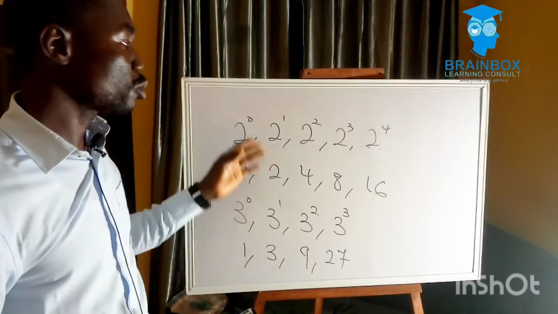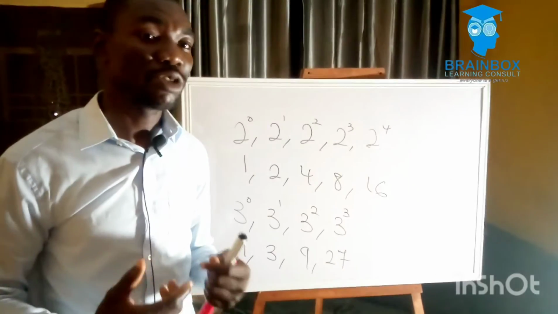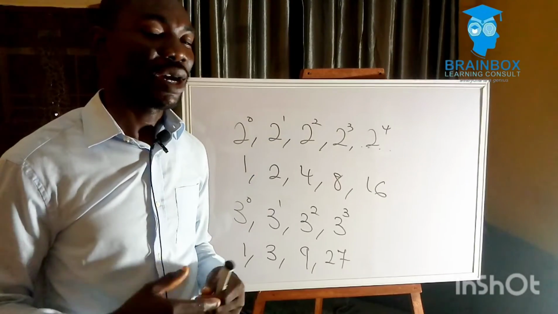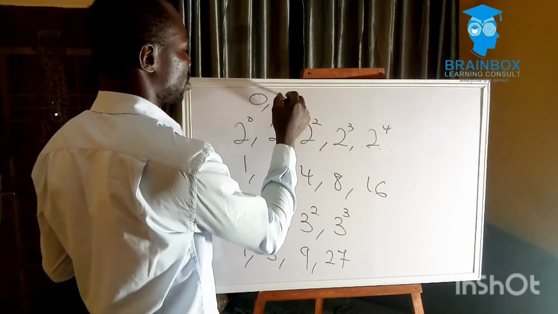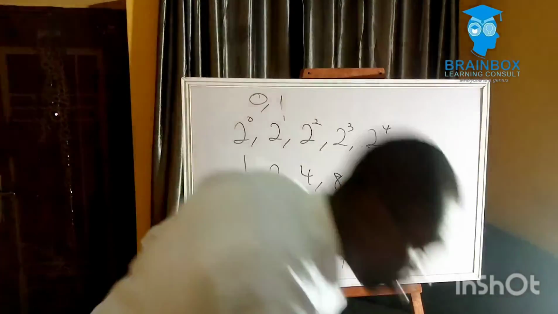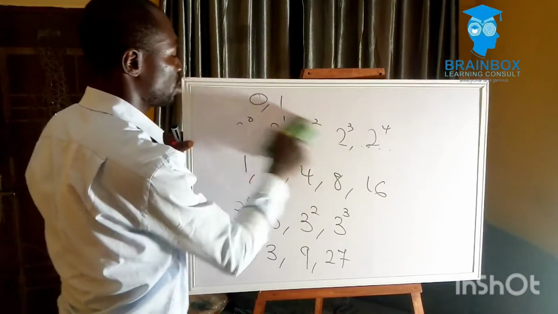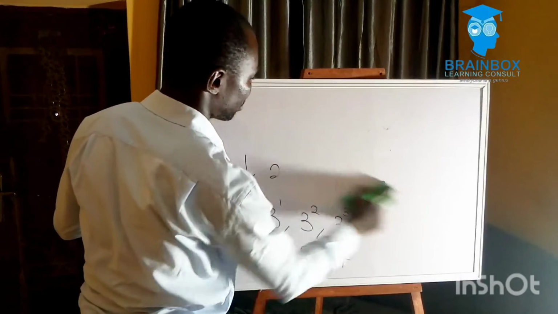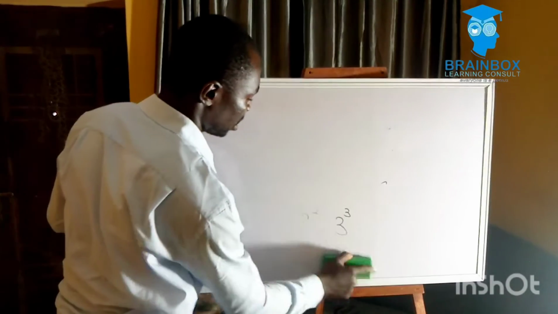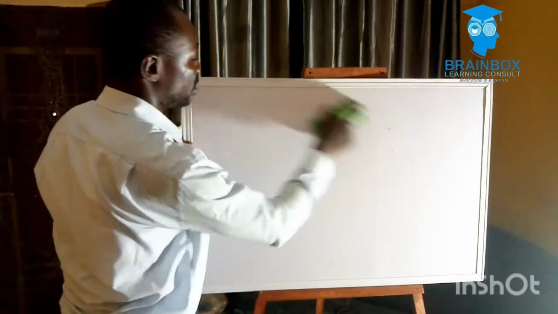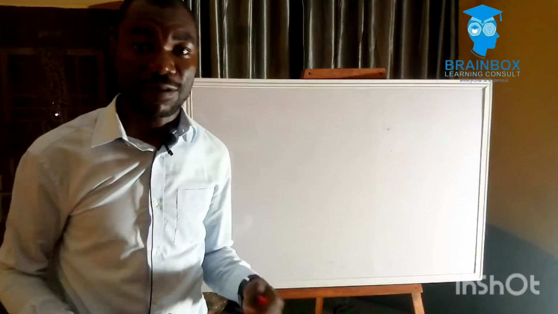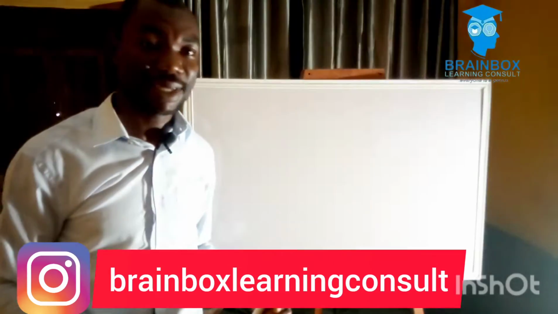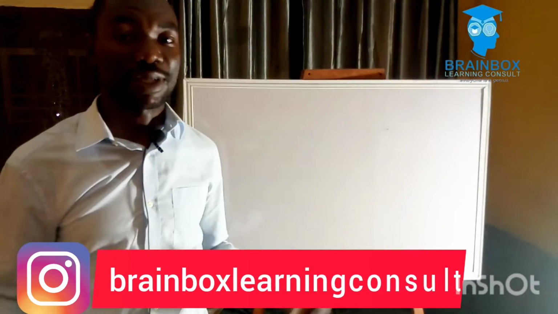So base 2, which we'll be focusing on, are actually numbers grouped in 2. And I told you that they comprise of 0 and 1. So we'll be looking at some examples of how it can be converted to base 10 and the likes. So now we want to see how this can be converted from base 2 to base 10.